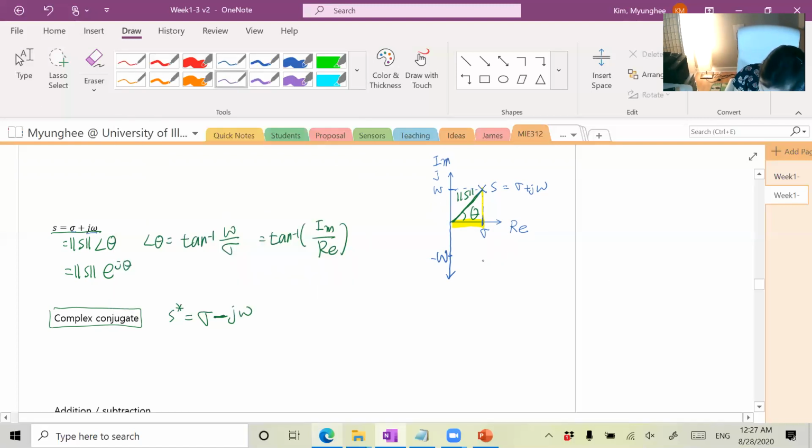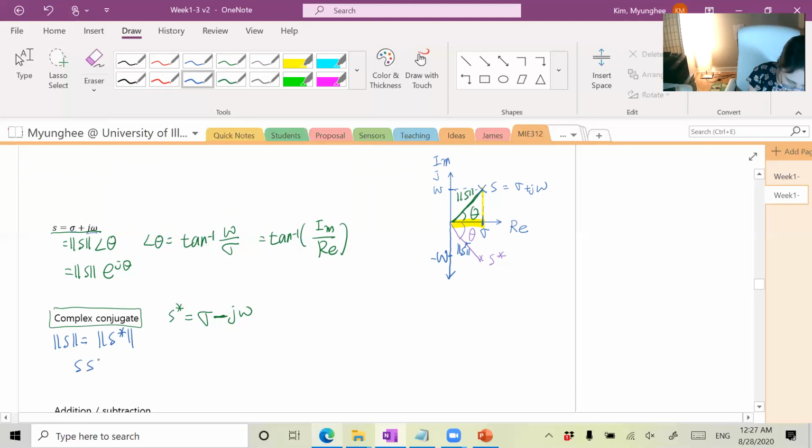So this will be S star, and this will be theta star. As you can see, the magnitude is the same, but the angle is opposite.